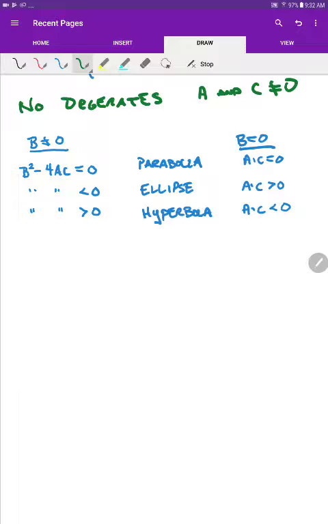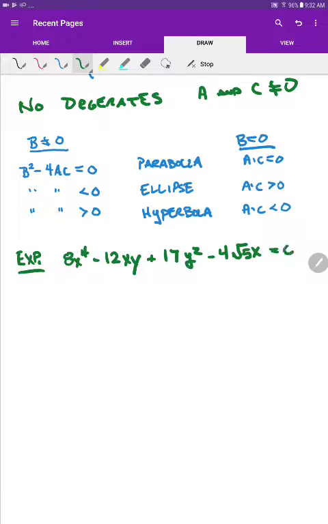So for an example, let's look at a general equation. Say we have 8x squared minus 12xy plus 17y squared minus 4 square root of 5 x equals 0.